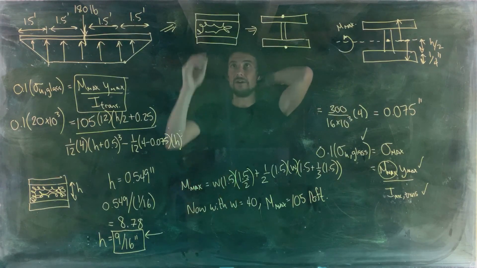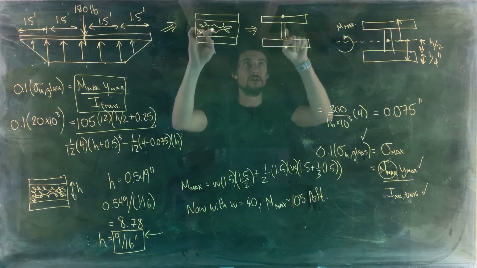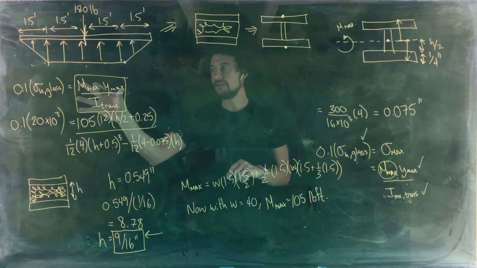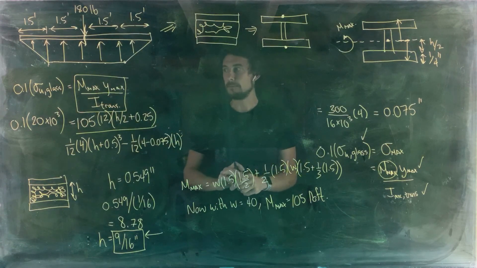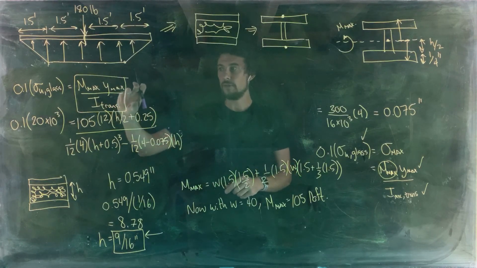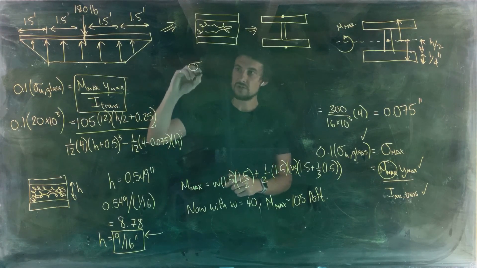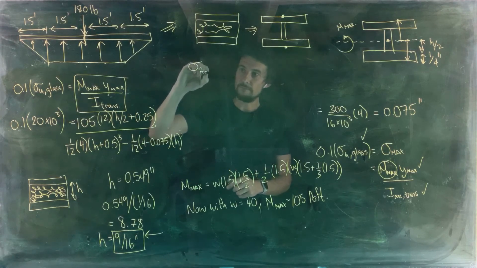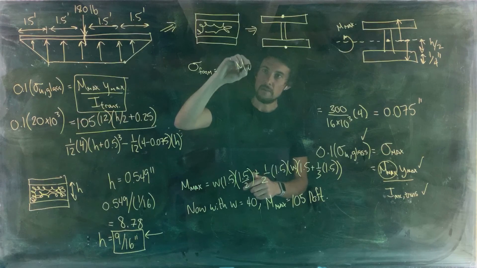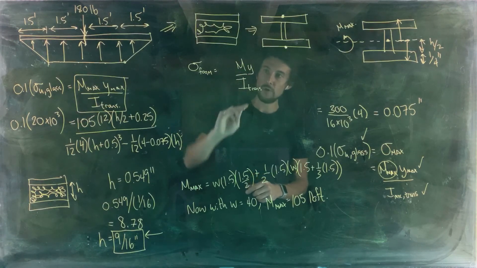If we wanted to calculate a stress value within the foam, which is the material that we did transform, then we do this in exactly the same way, except that we need to multiply this equation for stress by the ratio of the moduli of elasticity. So if we wanted a stress anywhere in the foam, we'd do the same thing, My over I, using I for the transformed beam.